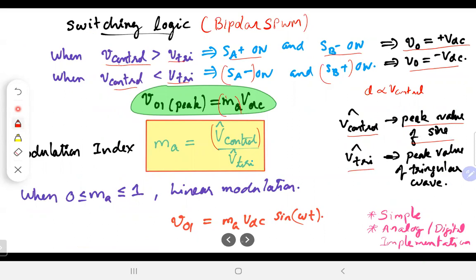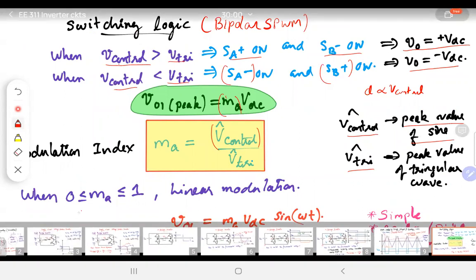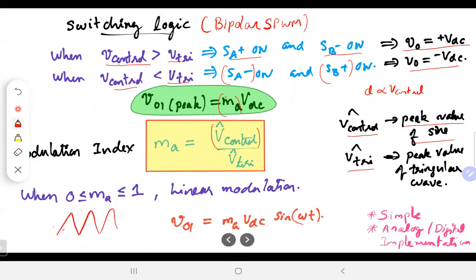V triangle peak is the peak of the triangle. So you have the triangle here, and we have the sine going like this. The sine peak is V control peak, the triangle peak is the V triangle peak, and that gives me the modulation index.